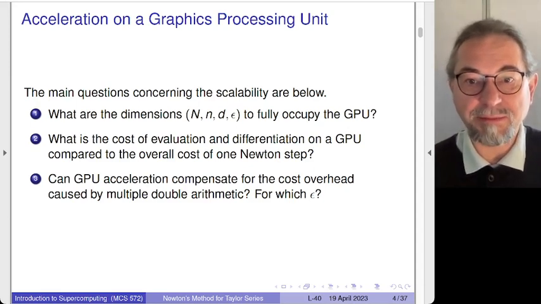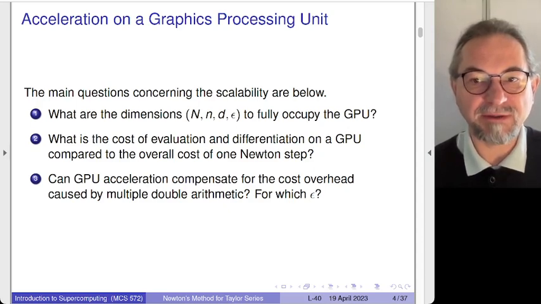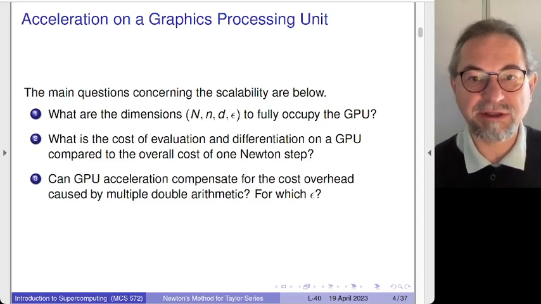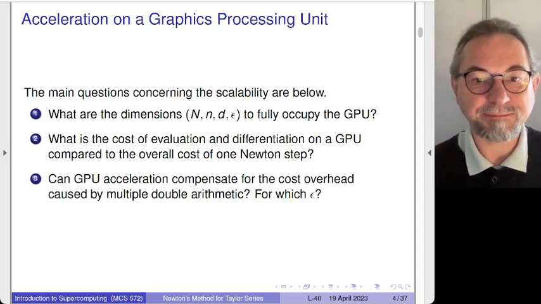How can we fully occupy the GPU? And these are actually thresholds from below. So if you consider parallel computing, supercomputing, you have to pick your problems that are sufficiently large to take full advantage of the computing that you have at your disposal. Then there are what I mentioned, the proportionalities. So what is now actually the bottleneck if you are running Newton's method.